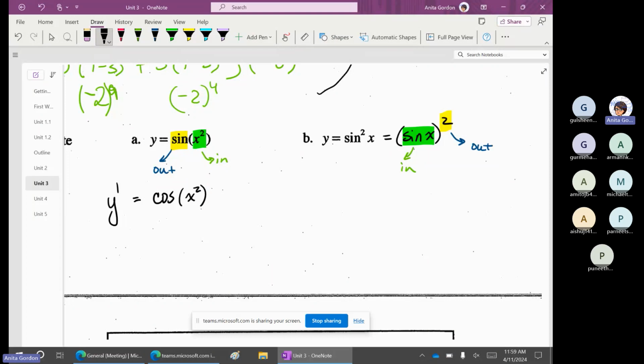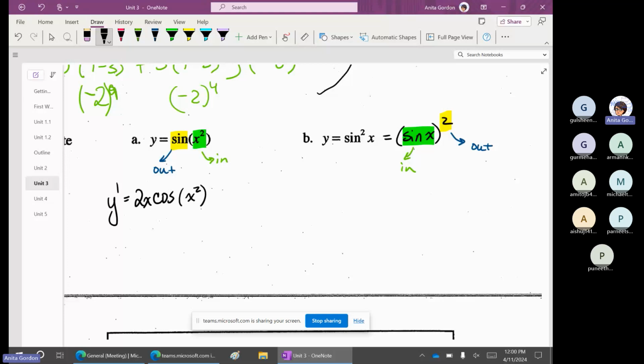Multiplied by the inside function derivative, which is 2x. So done. Can do this in my head. Right? So derivative of sine is cosine. So the inside piece stays with the cosine. And then the derivative of the inside is 2x, and we multiply it by the outside derivative.